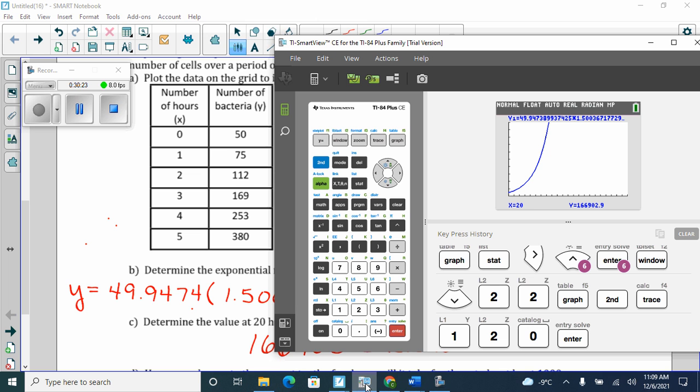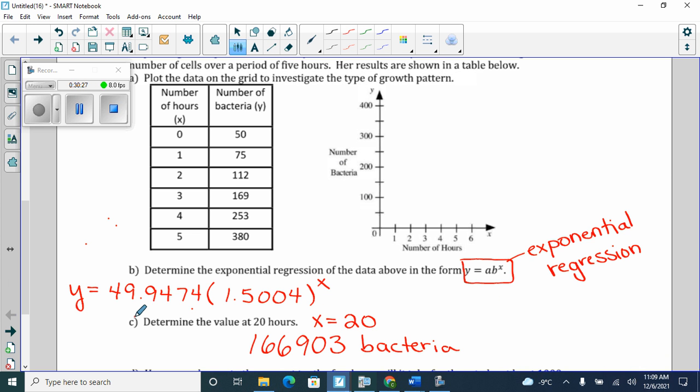It'd actually be 166902, technically, because you can't have partial bacteria. 902.